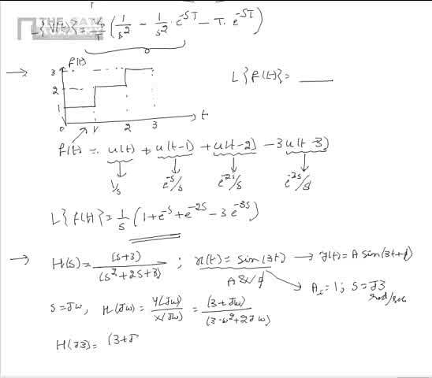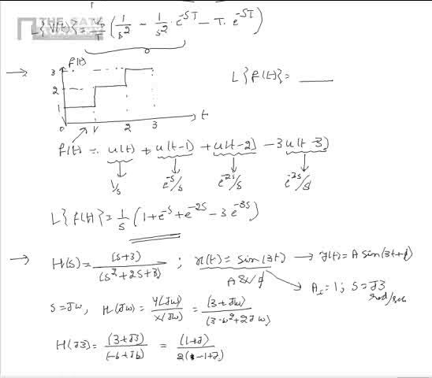Upon substituting omega is equal to 3, we get H of j3 as 3 plus j3 divided by minus 6 plus j6. This is further equal to 1 plus j divided by 2 into minus 1 plus j.